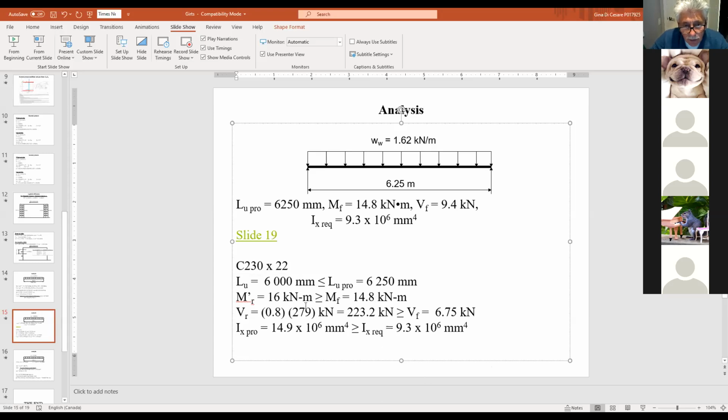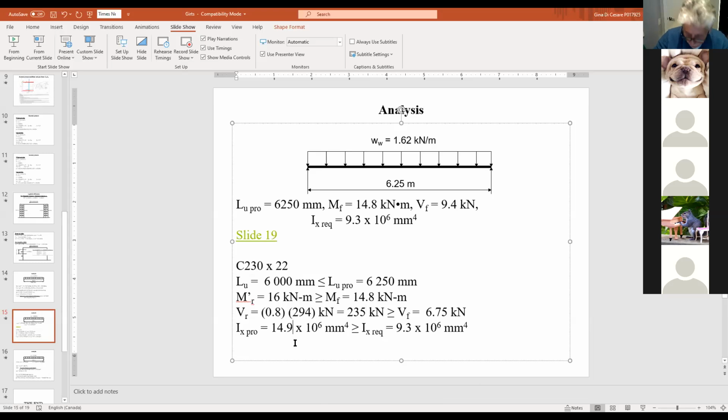And of course, here I'm going to change this to 294. And of course, this changes. That's 235, which is way ample for the shear.